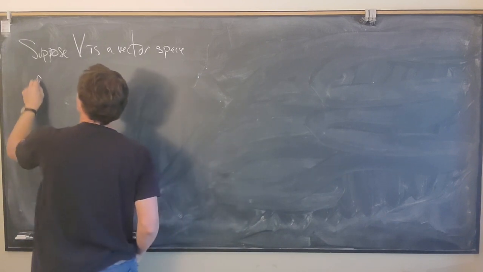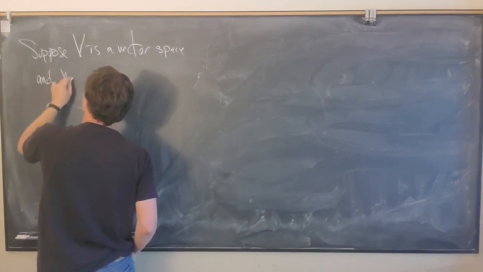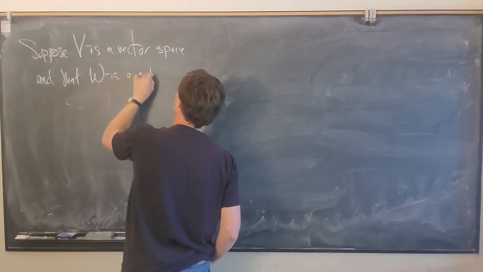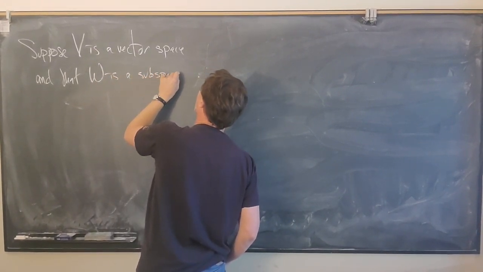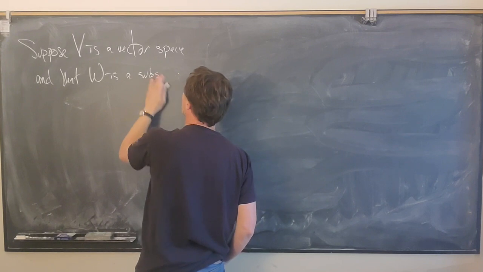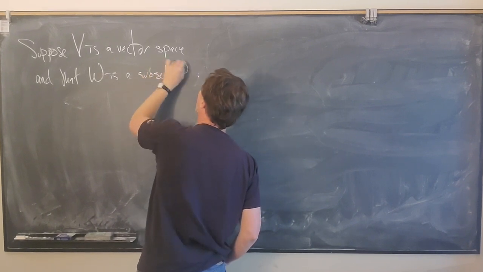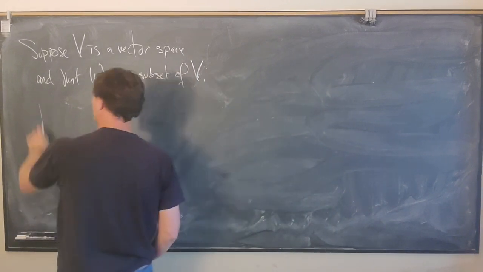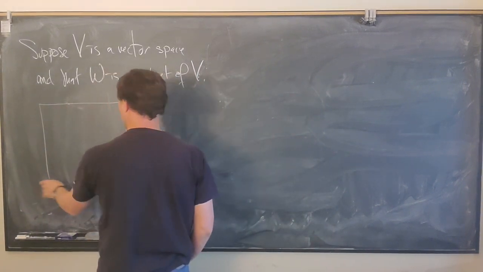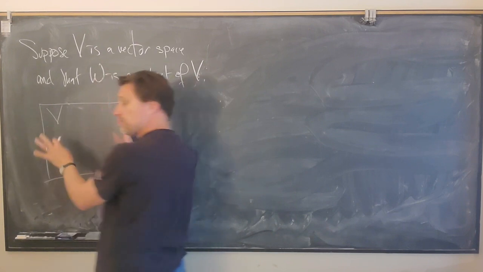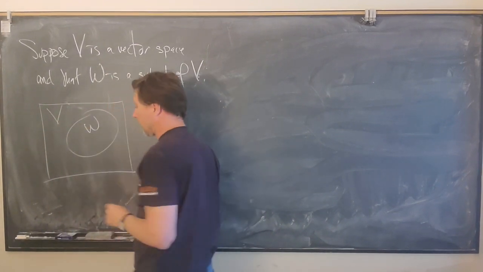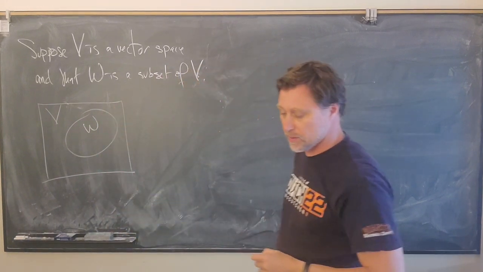So we'll say that capital W is a subset of capital V. If you want to draw a generic picture, you can draw V as this box right here, and then W is some blob sitting inside, right? So we've got this subset of a vector space.